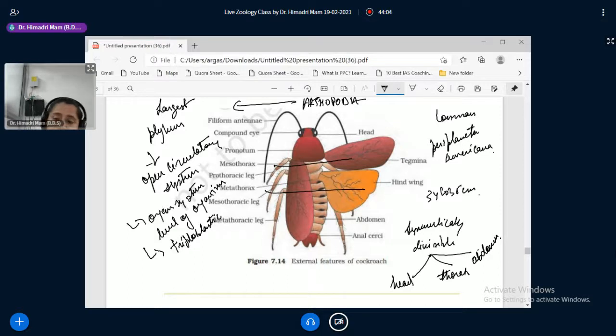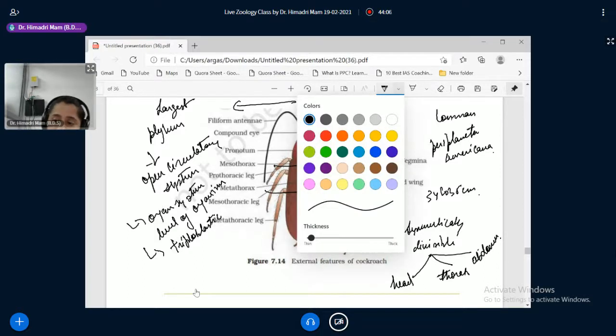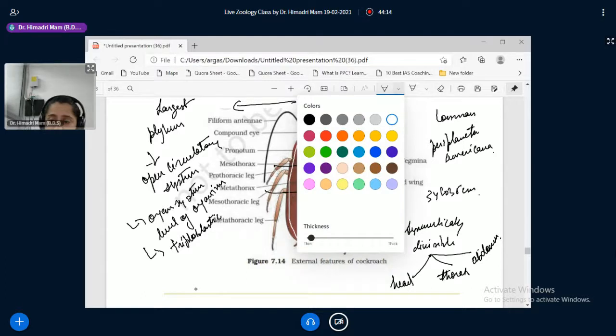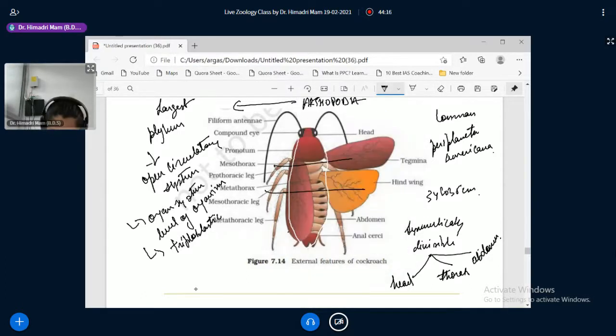Right. Now the covering of the cockroach, they have the hardest covering known as sclerites. The covering is chitinous, but the plates are known as sclerites. Right. That are joined to each other. Is everything clear up to here?